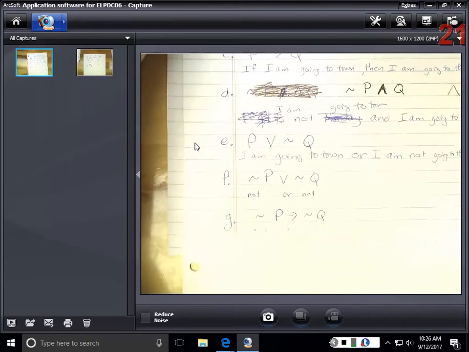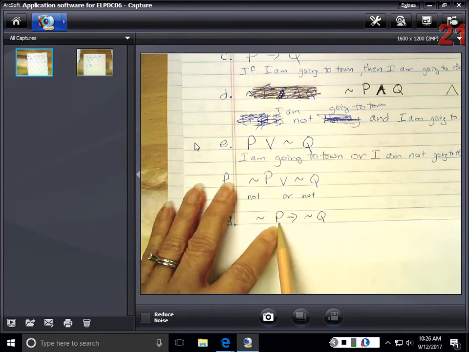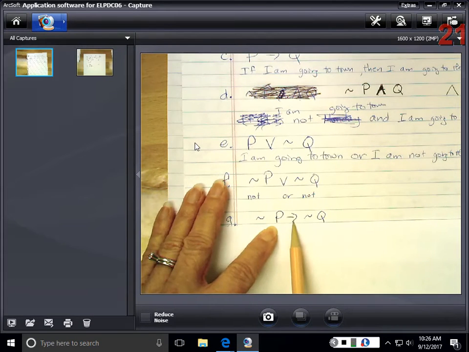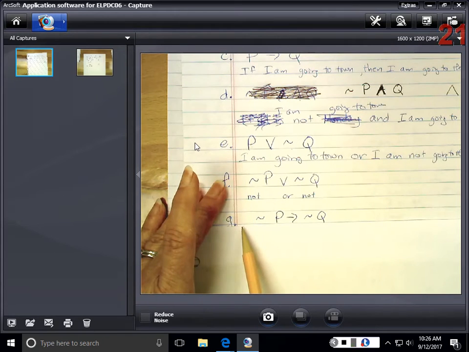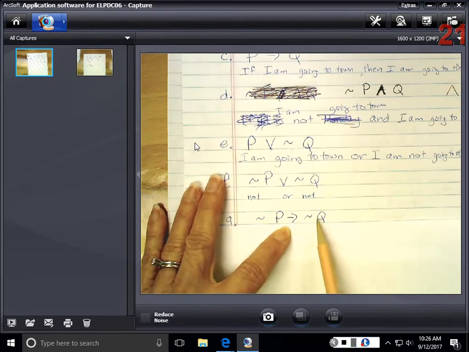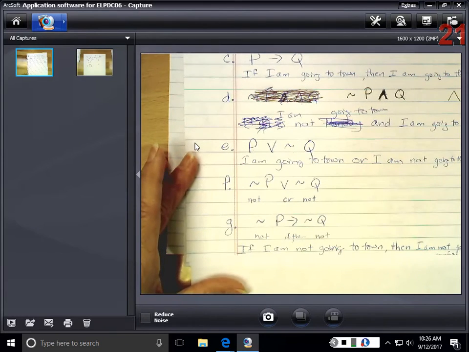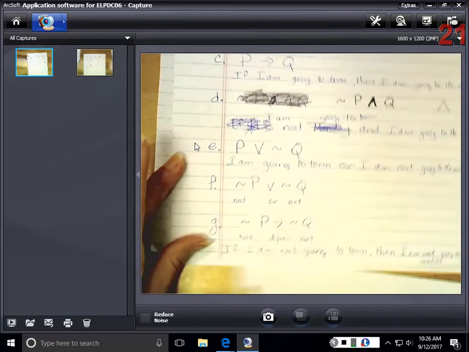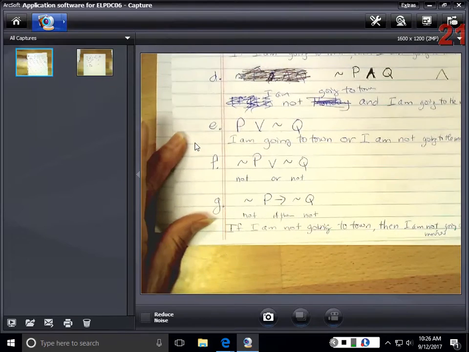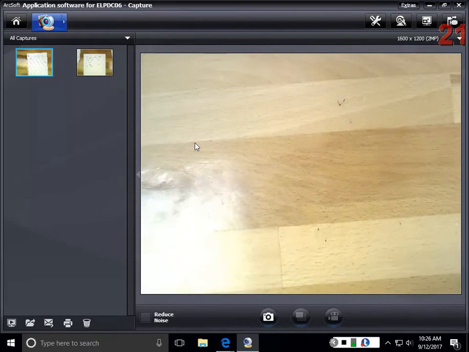Here's another one. If I am not going to town, then I am not going to the movies. We're going to have a sheet that will help us figure out how to do these things.